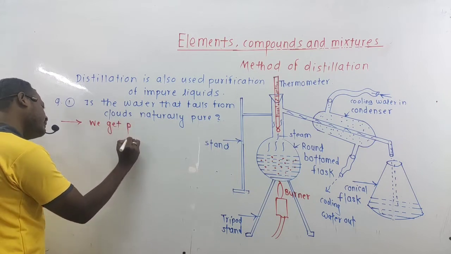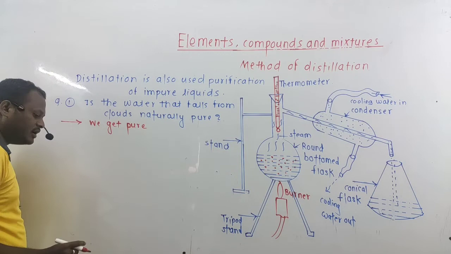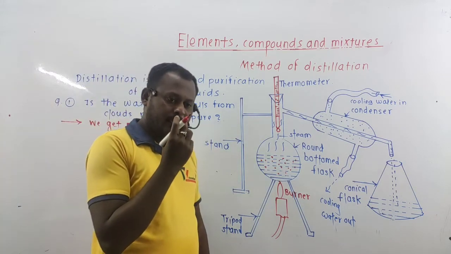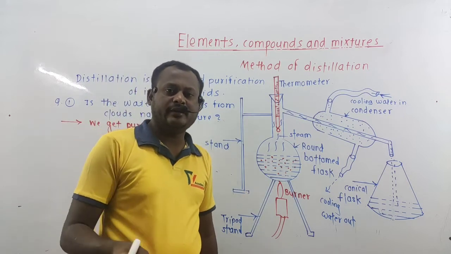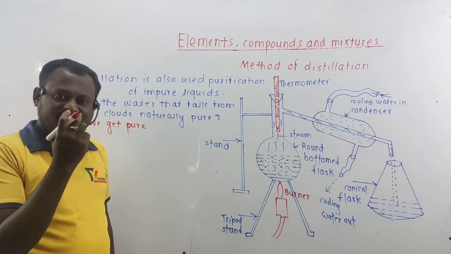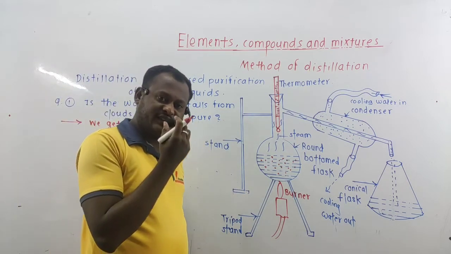We get pure water. But when this water comes in contact with the objects on the earth, that is with the soil and other things, that water gets impure.